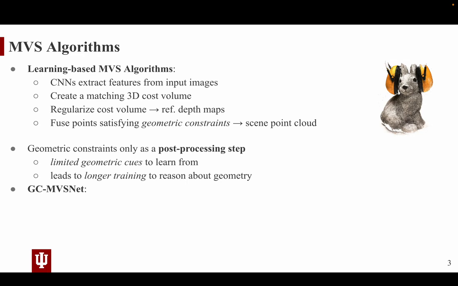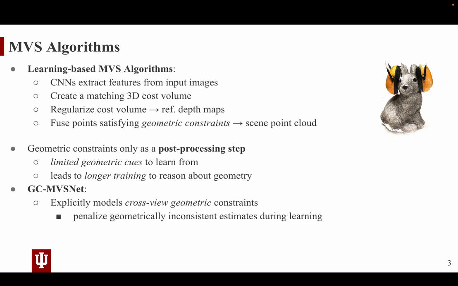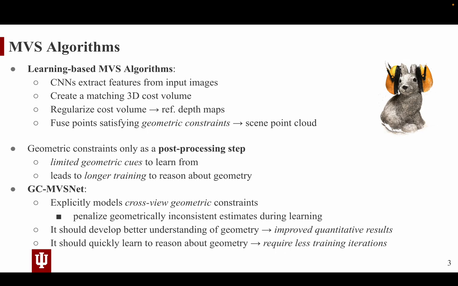GC-MVSNet explicitly models cross-view geometric constraints by penalizing geometrically inconsistent depth estimates during the learning process. With explicit modeling, the model should be able to develop a better understanding of geometry, thus improving quantitative results, and quickly learn to reason about geometry, thus requiring fewer training iterations to achieve its optimal performance.